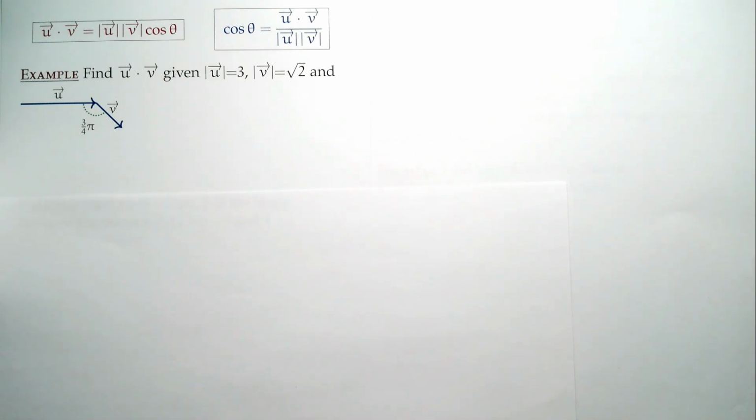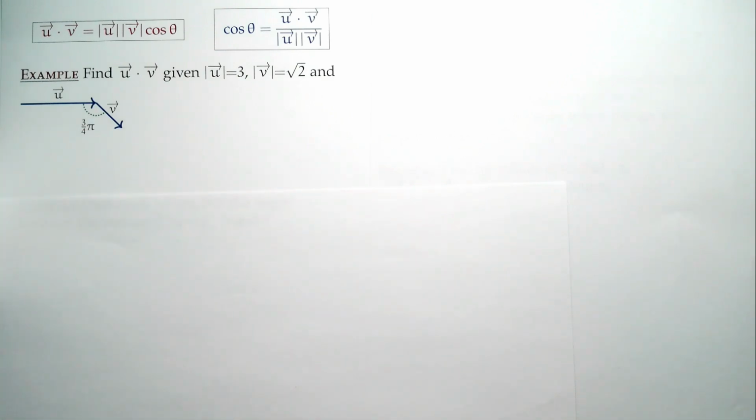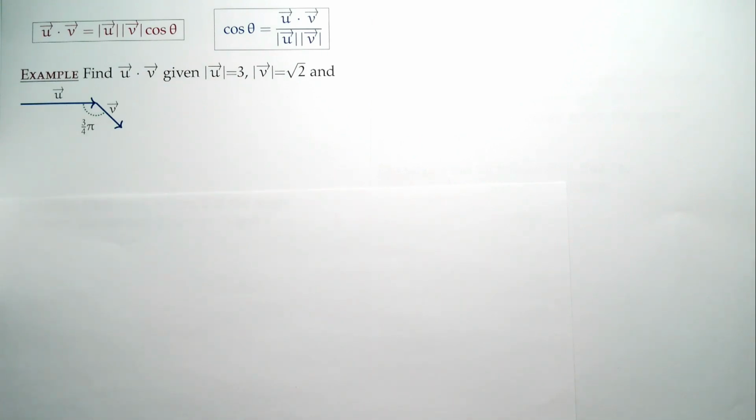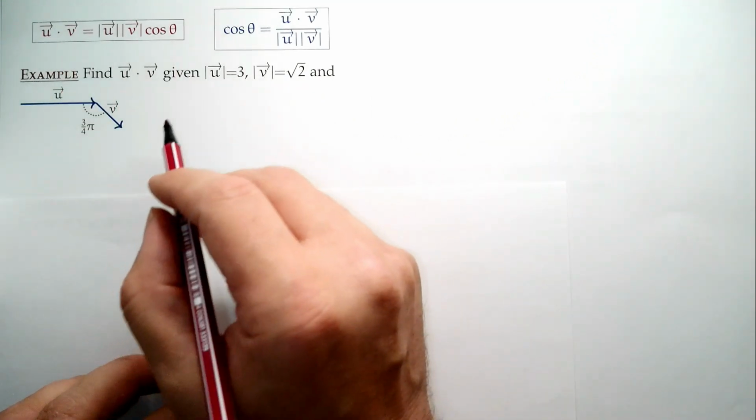So here we go. Here's this picture. And again, this just emphasizes our nice geometrical understanding. I have this vector u. It has length 3. I have this vector v. It has length root 2. And here's this angle 3/4 pi. What's u dot v? Well, we say, no problem. Apply the formula.